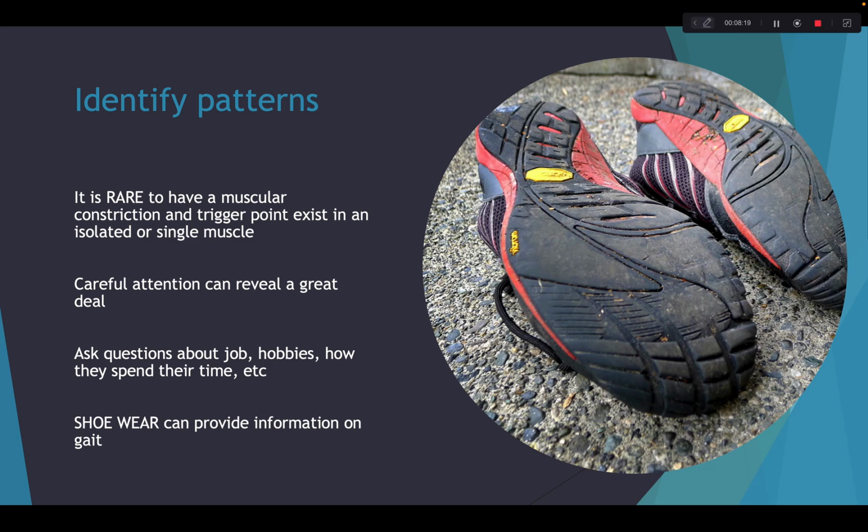And you'll notice maybe somebody pronates or supinates their foot and that's worn away, or a certain heel is worn away on one side more than the other. So that kind of tells you how their foot strikes as they are walking or running. And how your foot strikes can affect everything all the way up to your head.